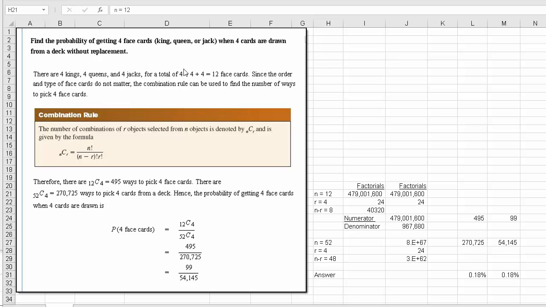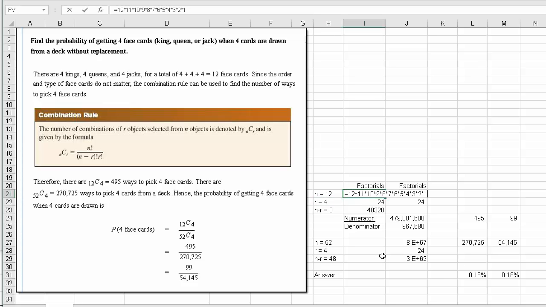So the n number of objects we have is 12. r is what we're trying to select, 4. Now, you need to take the factorial. We need to know what the factorial of n and r is to use the combination rule.